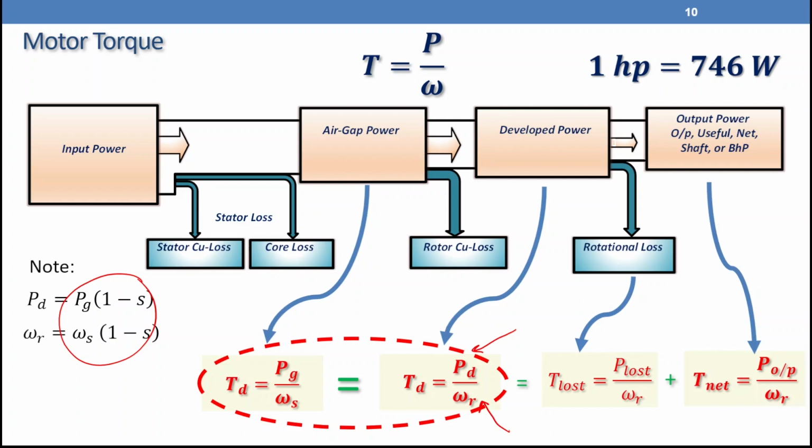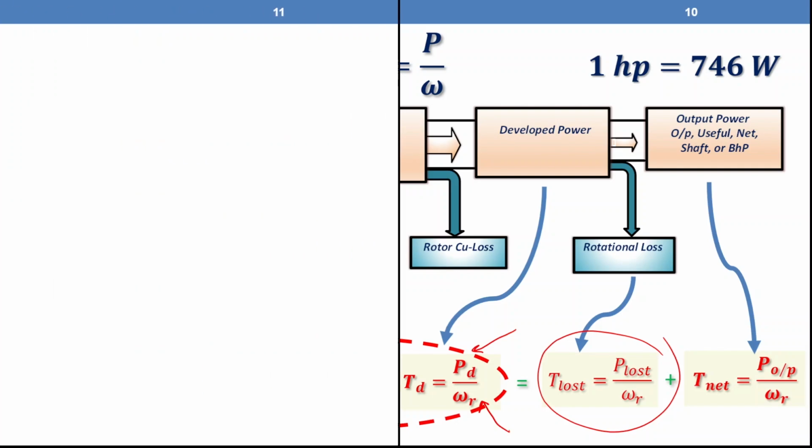But that one is different from the net torque because there is a torque lost due to friction. So we are going to start from this equation to look for the torque speed characteristics.